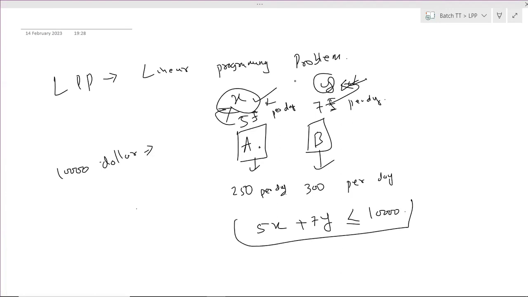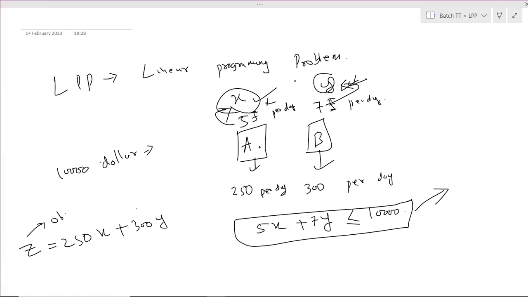So this is called a constraint. We cannot go beyond 10,000. We do not have that amount. And 250X plus 300Y cycles we will have. This is called Z. This is called the objective function. This is called the constraint.